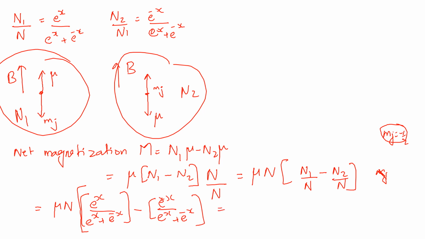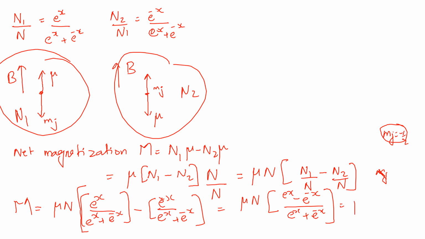Taking LCM, magnetization M is equal to mu n times e to the power x minus e to the power minus x divided by e to the power x plus e to the power minus x. This is actually the expression for hyperbolic tan.